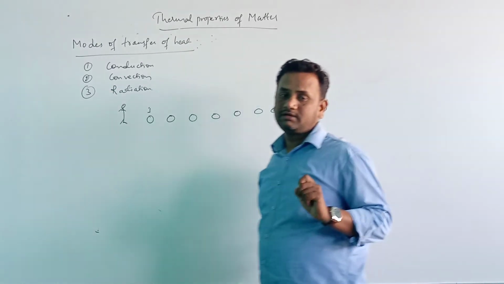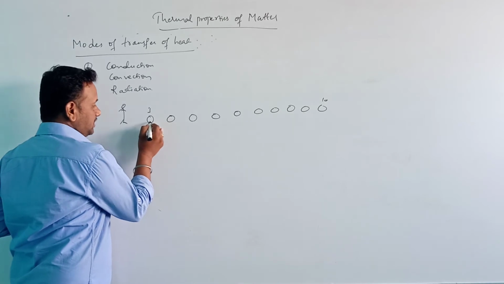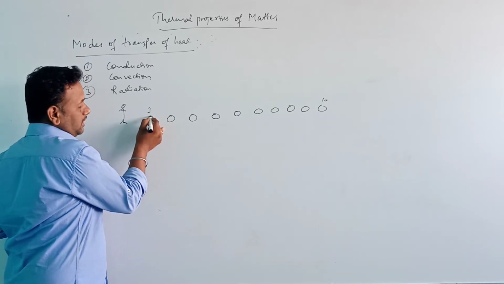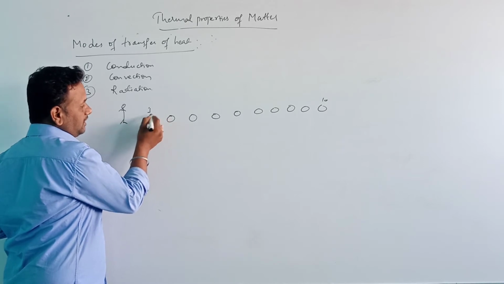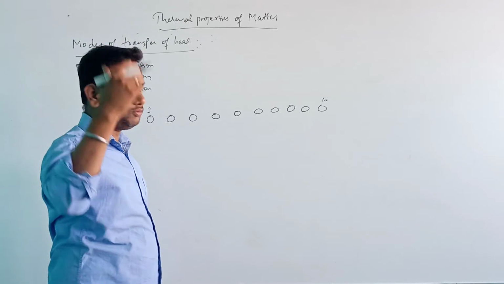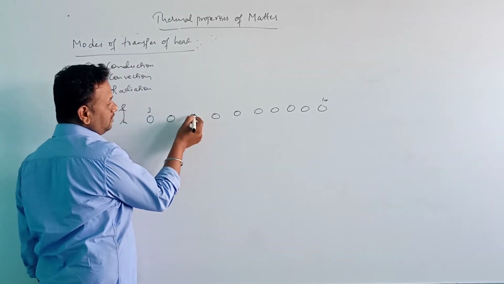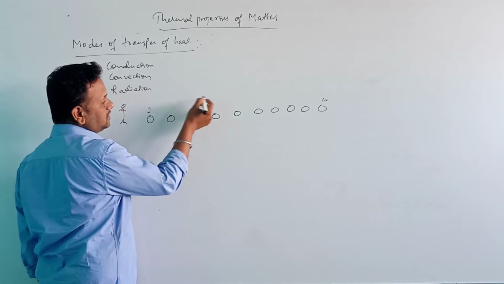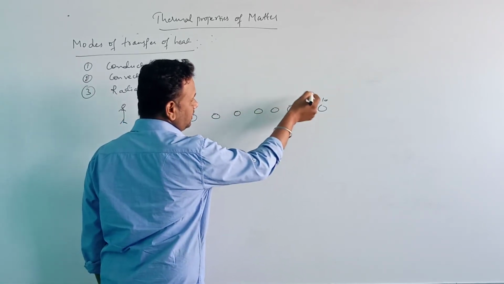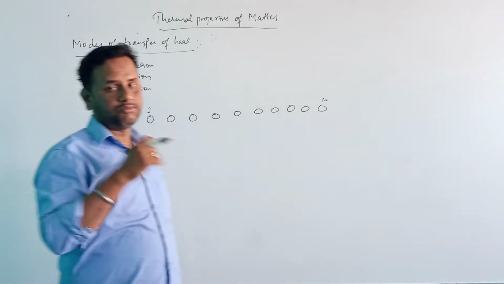The first way is that, by sitting in his place without changing his position, he passes that apple to the second boy and tells him to pass it to the last boy. Again, this student passes to the third boy, and this third boy passes to the fourth, fifth, sixth, 7, 8, 9, 10, and at last that apple reaches the last boy.